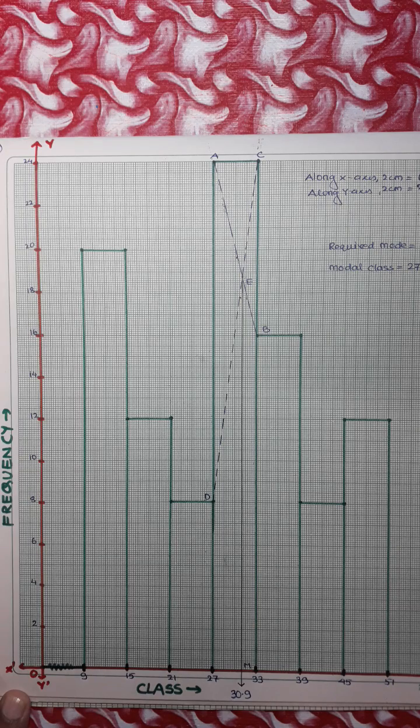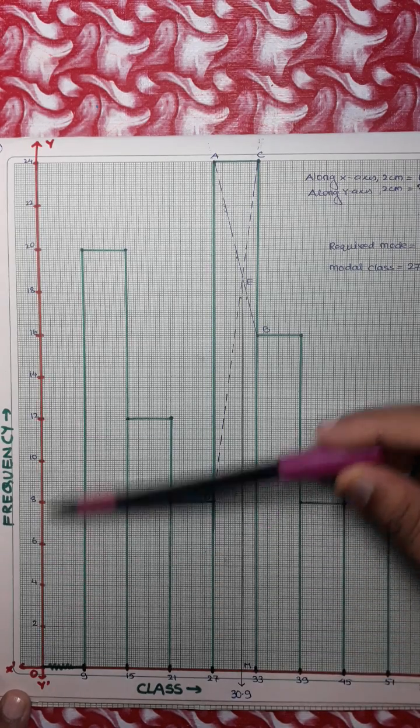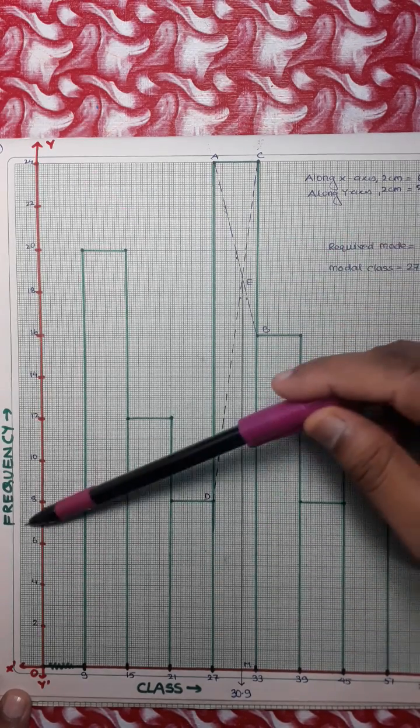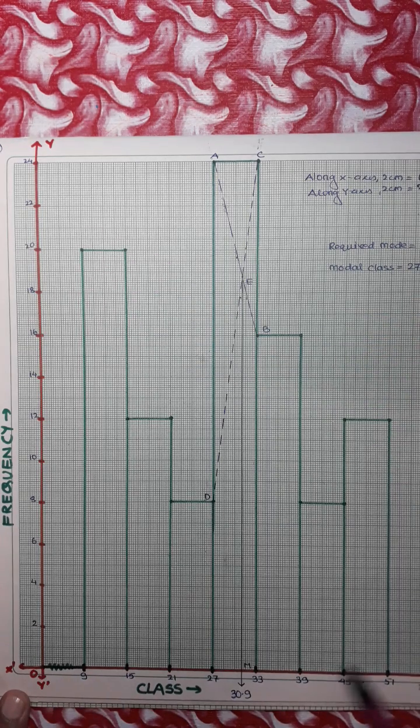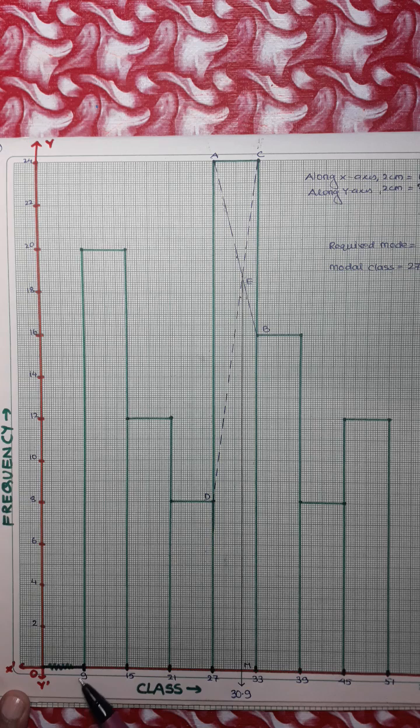Now dear students, you can see the graphical solution. Here along the y-axis I have drawn frequency, along the x-axis we have the class interval. Since it is starting from 9, I have drawn a kink over here. Again, along the x-axis you can see 9 to 15, 15 to 21, that means the difference is 6.